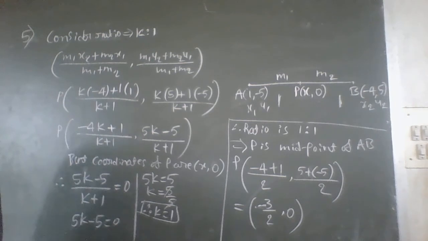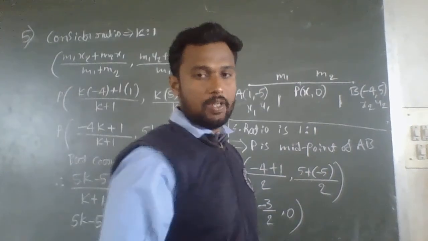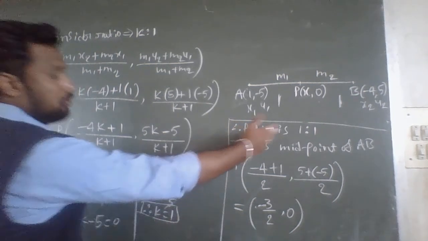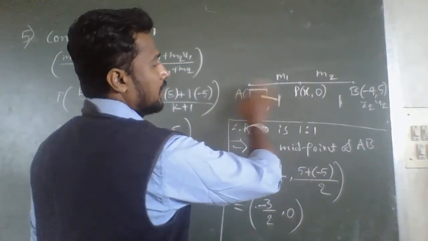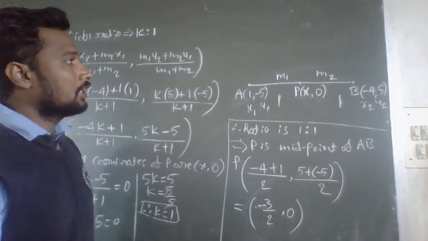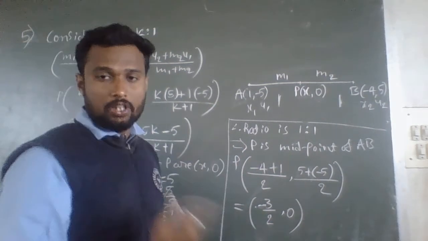Okay. So what we did here, we calculated the ratio, meaning the m1 and m2 values. Here we got 1 for the k value, therefore the ratio is 1 is to 1. If the ratio is the same, this P divides this line AB into equal lengths, meaning two equal parts.